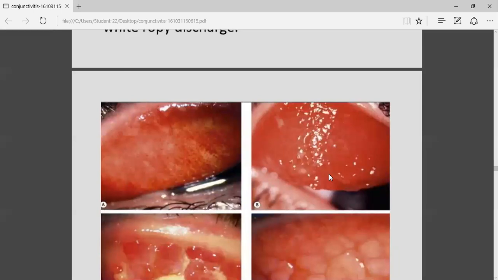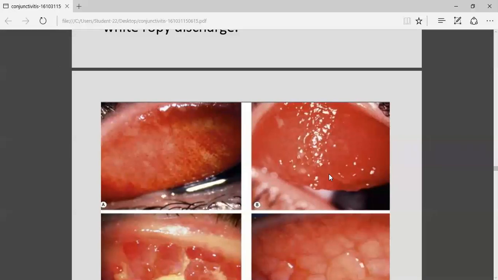In this picture on your screen, you can see the palpebral reaction in case of the first type of VKC, which is called palpebral VKC.